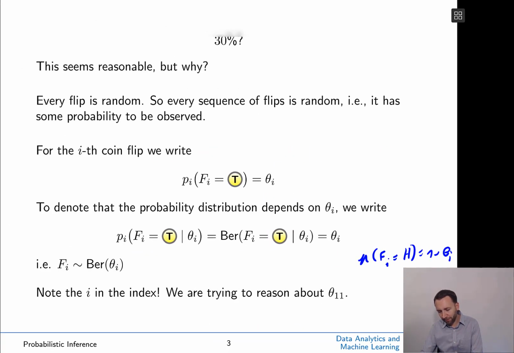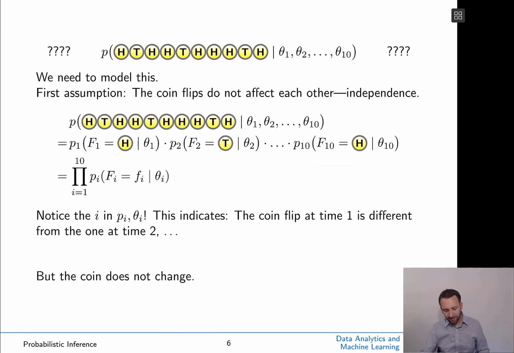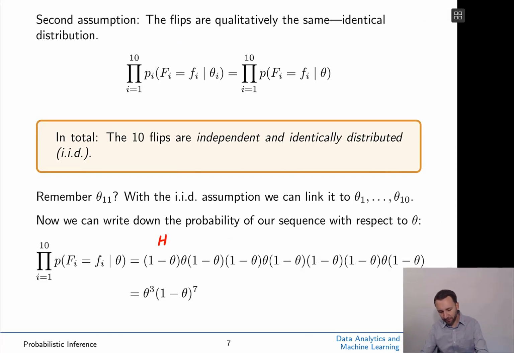Right, we had written it here. Probability of head is 1 minus theta. Probability of tail is theta, right? So if we have a specific sequence, which could be head, tail, head, head, tail, head, head, head, tail, head, we can just write down the likelihood. It's this term for head, this term for tail, this term for head, this term for tail, and so on and so forth.